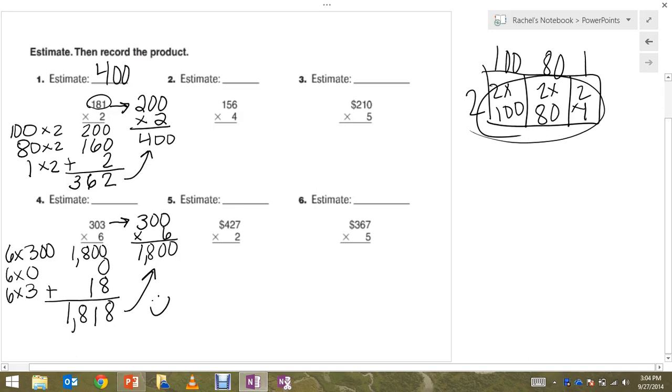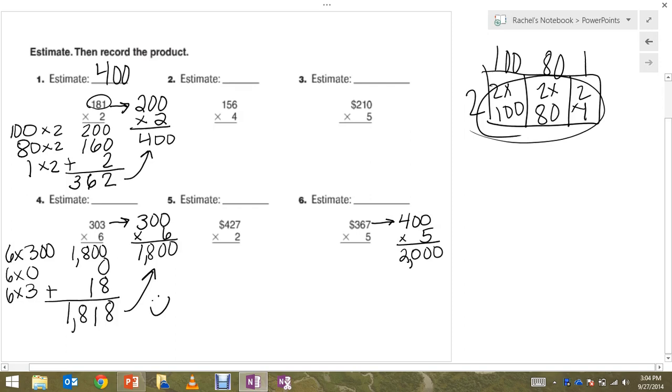And then lastly, we'll look at number 6. 367 is closer to 400, and when we multiply by 5, we get 20 with 2 zeros, so 2,000 as our estimate.